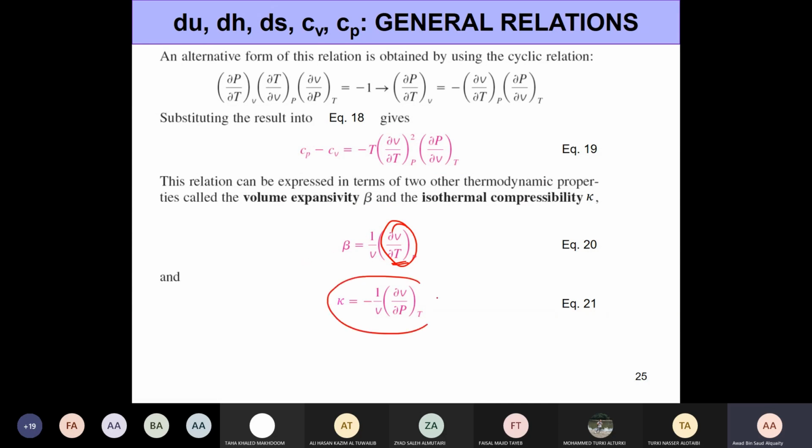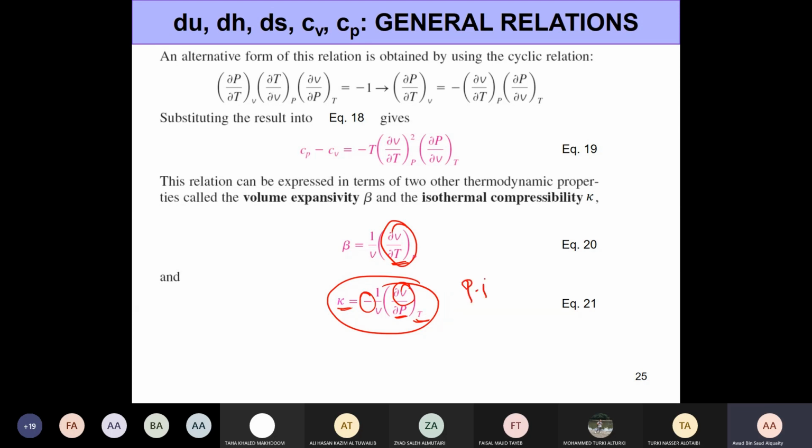The other part is called the isothermal compressibility, which is looking at how the specific volume would change when you keep on increasing the pressure at a constant temperature. Okay, now you can notice that there's a negative sign before it, and there's a reason for that. If you think about air, for example, fix the temperature constant.